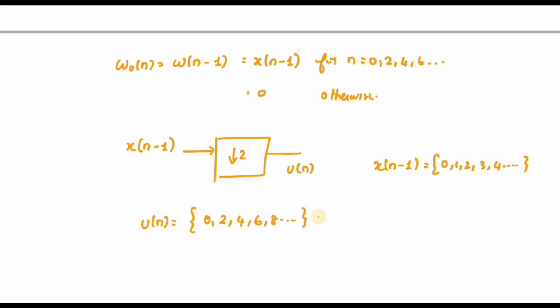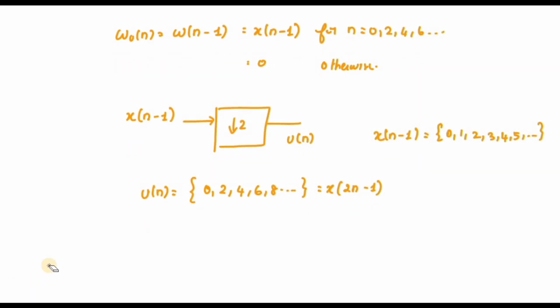So how to write this? This is nothing but x of 2n minus 1, for n equal to 0, 1, 2, up to infinity.